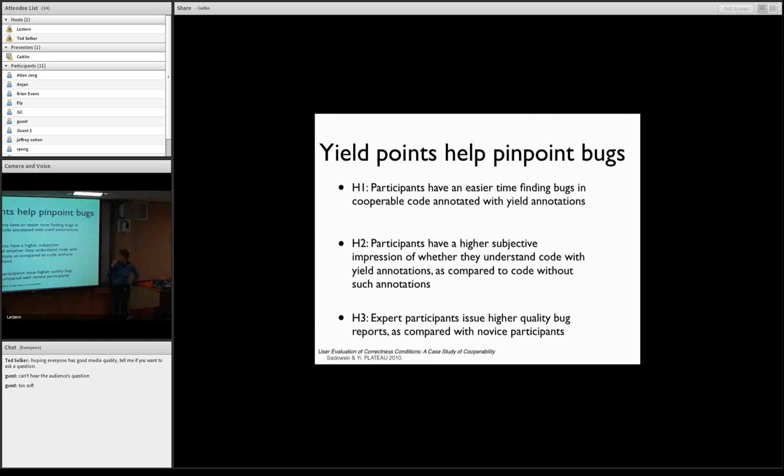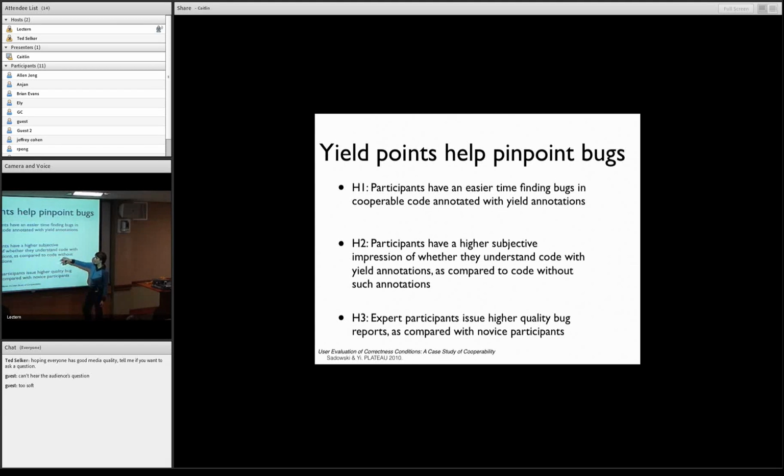So I did a user evaluation focused mostly on the hypothesis that if you gave a programmer code with yields in it and it had a bug, they would be able to find the bug, maybe more easily than without yields. This is a very simple hypothesis among many things that we think yields could help with. There are a couple of other ones that we looked at in this study.